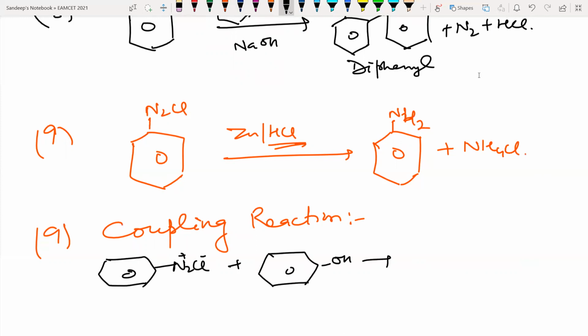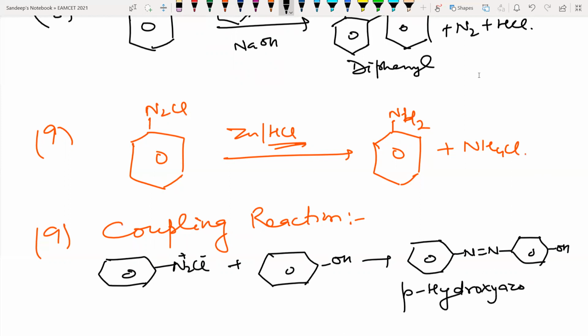So it forms para-hydroxyazobenzene. This para-hydroxyazobenzene is an orange dye. So this you have to remember.